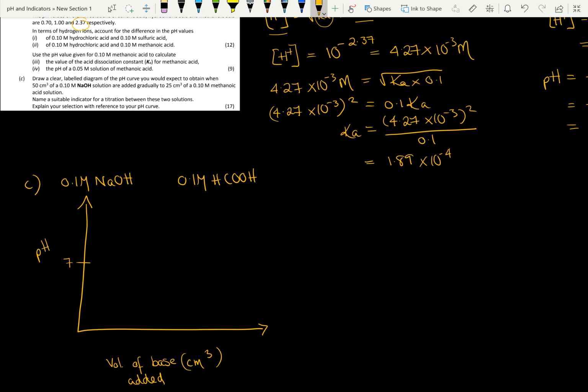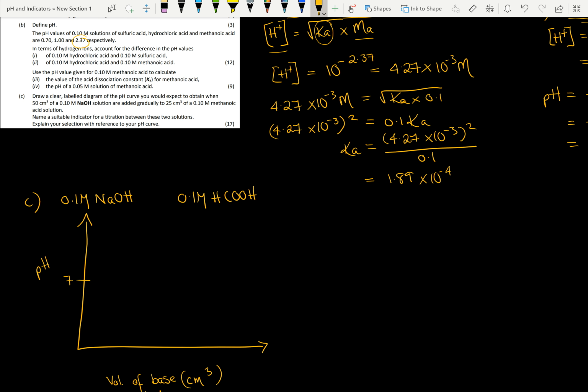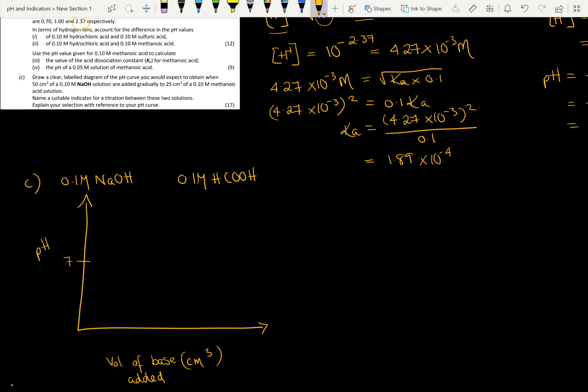We are adding this to 0.1 molar methanoic acid, and we know that the pH of that methanoic acid is 2.37. So our pH curve is going to start off somewhere about here.